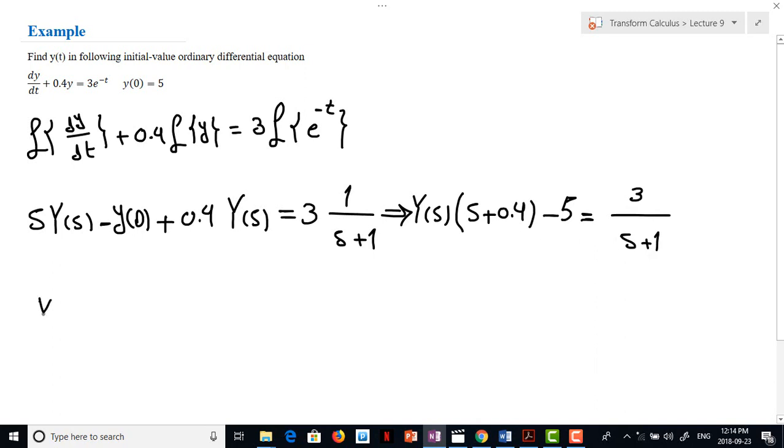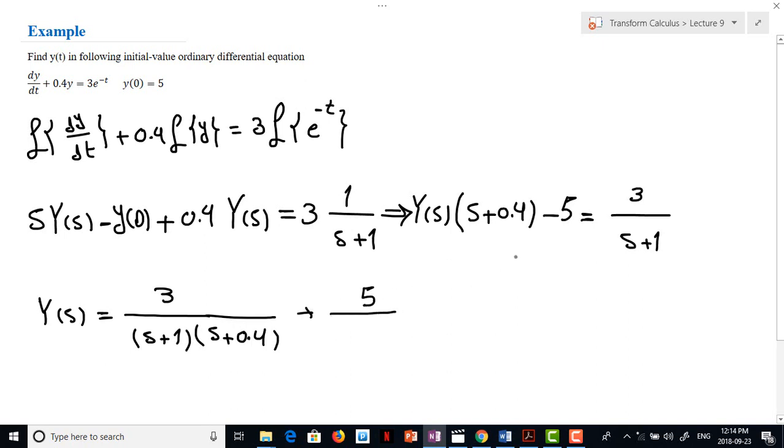As a result, Y(s) is equal to 3 over (s plus 1) divided by (s plus 0.4), plus 5. I just take 5 to the right hand side of the equation, divided by s plus 0.4.